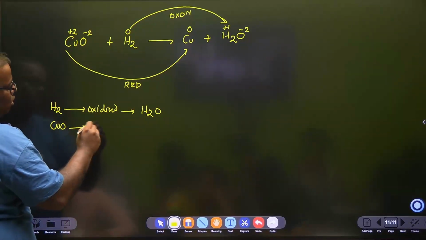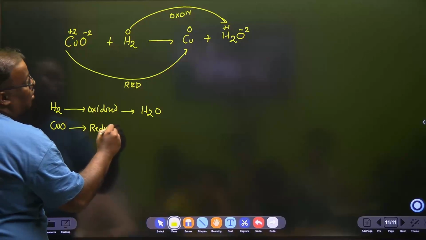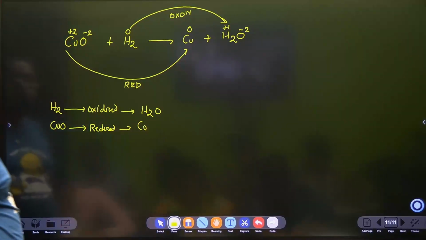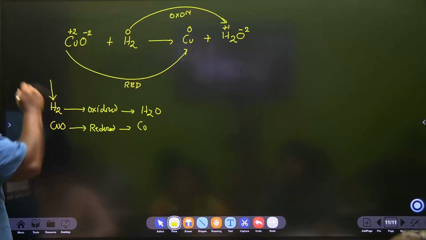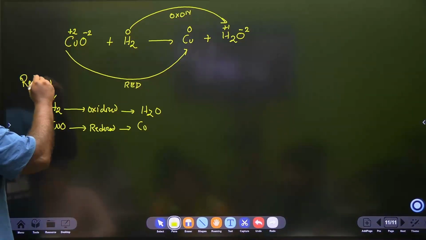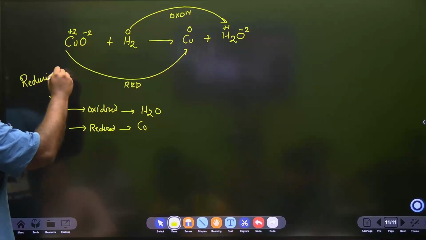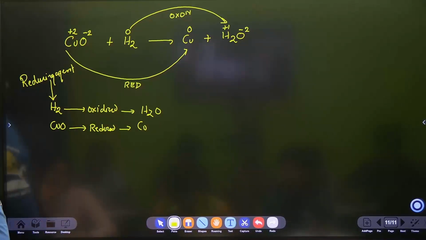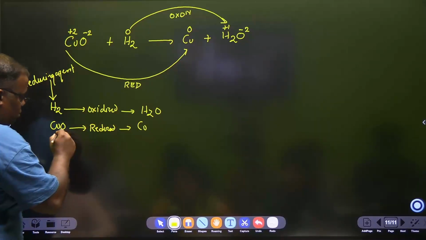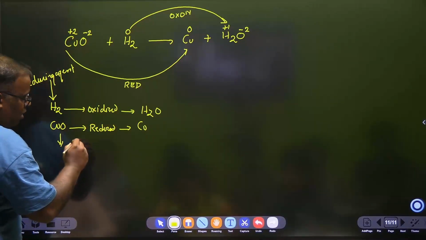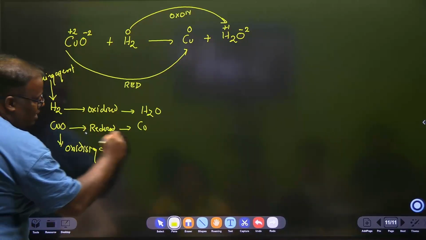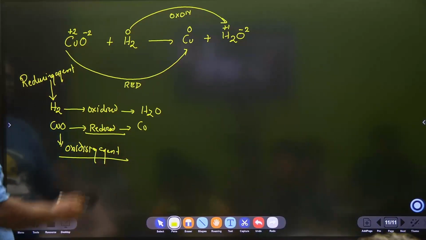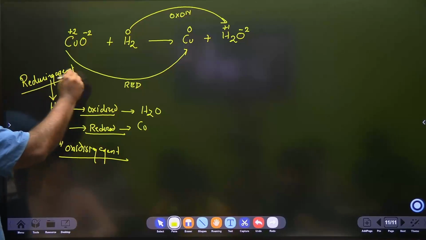CuO got reduced to form Cu. H2 got oxidized, so H2 will be reducing agent, and later on you'll always study hydrogen is a reducing agent. CuO got reduced, so CuO must be the oxidizing agent. Always remember one. This is R, so this is O agent. This is O, so this is R agent. Khatam.